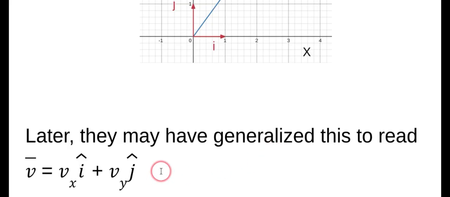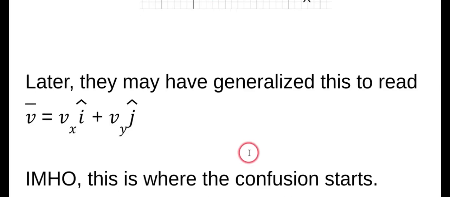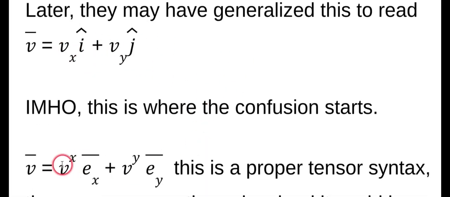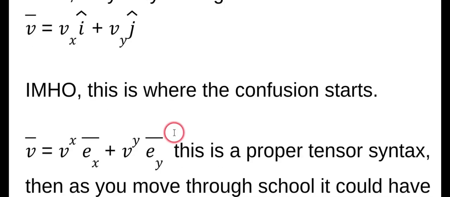And even in my books, one of my favorite books is The Student's Guide to Vectors and Tensors. It starts just like this. Now, in my humble opinion, this is where the confusion starts. If we had written this from day one like this, a component with an upper index and a basis vector with a lower index, this is a proper tensor syntax.